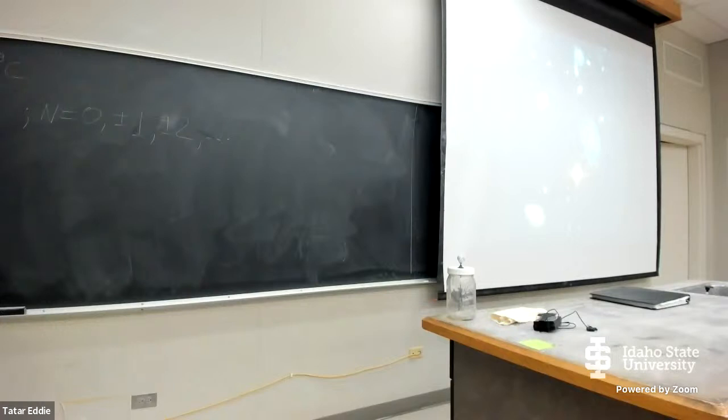A second conservation law that we encountered in the first semester was conservation of linear momentum. And again, it corresponds to a symmetry of space. Different directions of space are equivalent to each other.